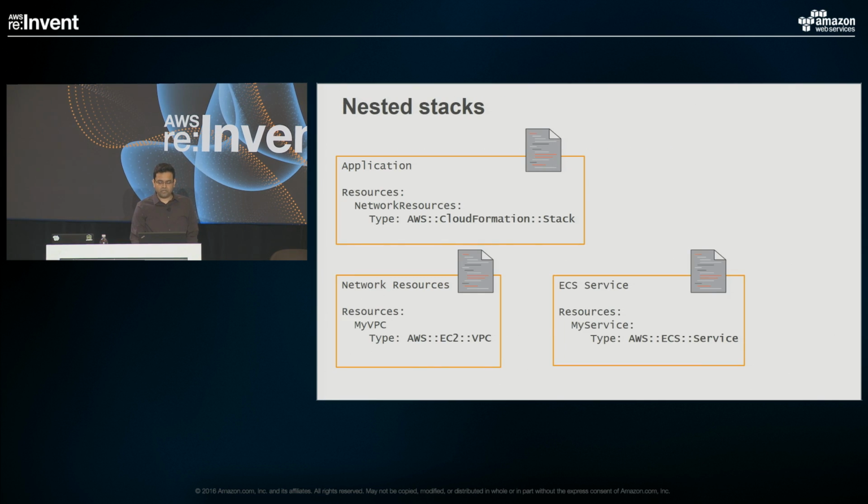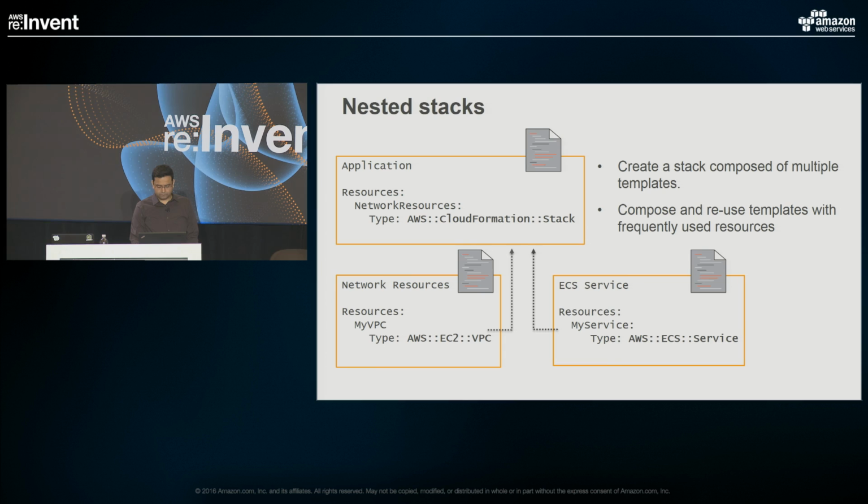Now, since we are on the topic of cross-stack references, I would like to touch upon the concept of nested stacks. It's not a new feature, it was launched a couple of years ago. A lot of customers are using nested stacks to enable modularity. So the concept is you start with your parent stack.